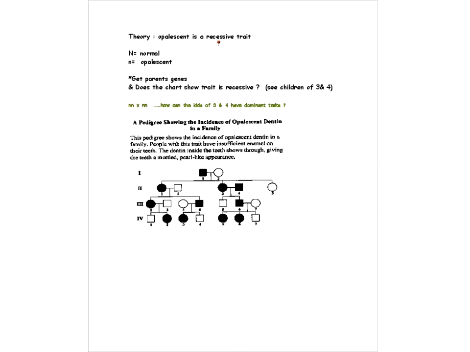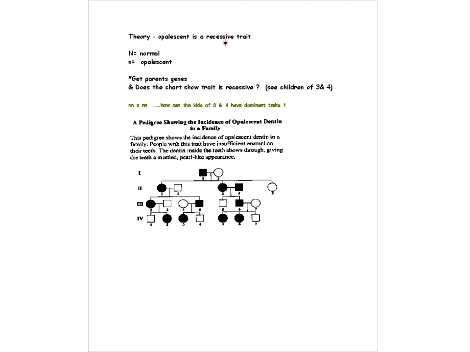So here's the theory that opalescence is a recessive trait. Now if opalescence was recessive, then we would say capital N equals normal, because we always take dominance with the first letter of the dominant trait. So small n would be opalescent. So we want to see if this is holding up.